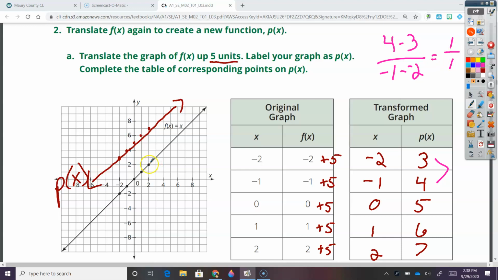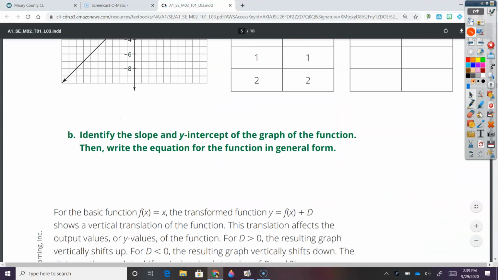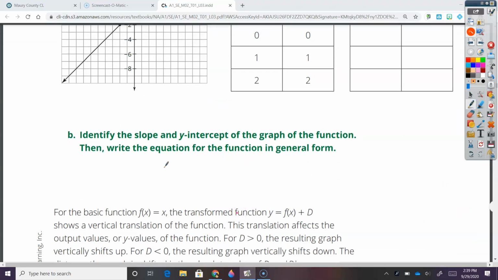And I can see that my slope is 1 every single time, 1 over 1. My y-intercept is now shifted up from the origin, up 5 units. So for part B, my equation for p(x) is 1x, or just x, plus 5.